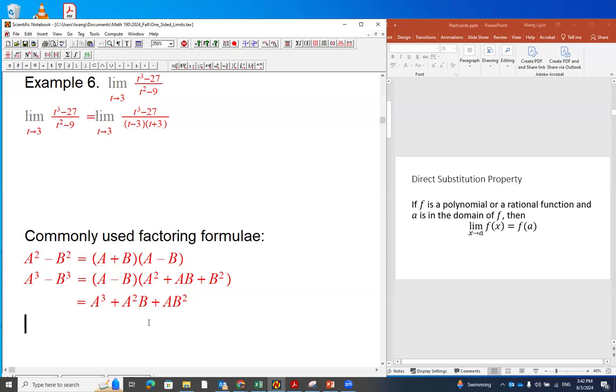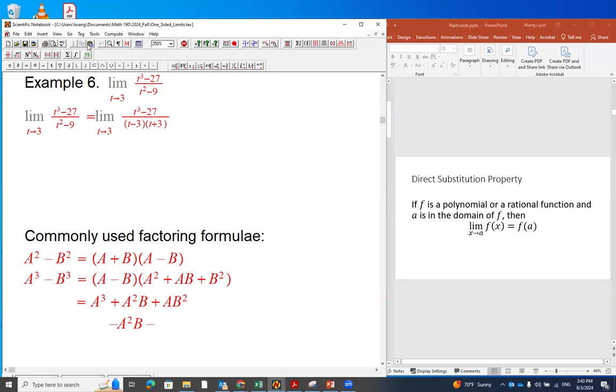Now I take the negative b times a squared, so I have negative a squared b. And negative b times ab squared, that's going to be minus ab squared.